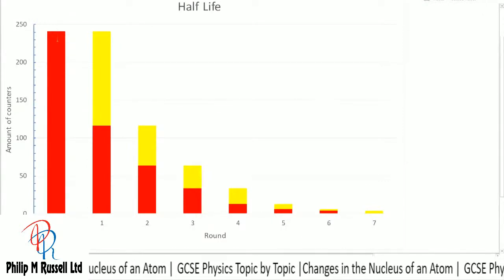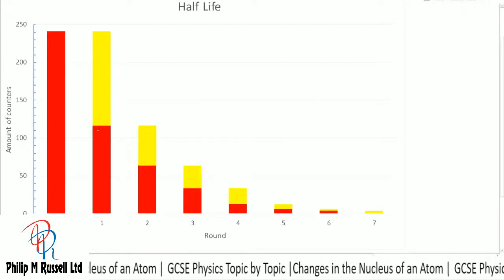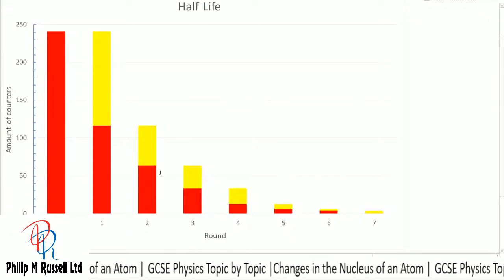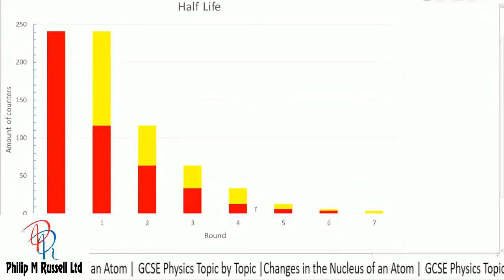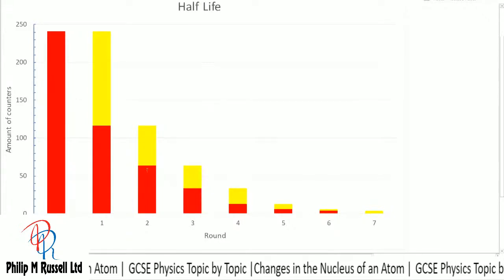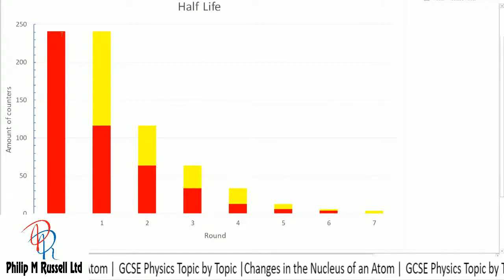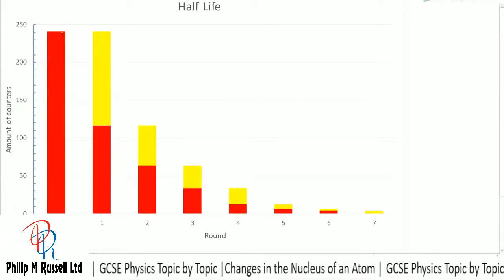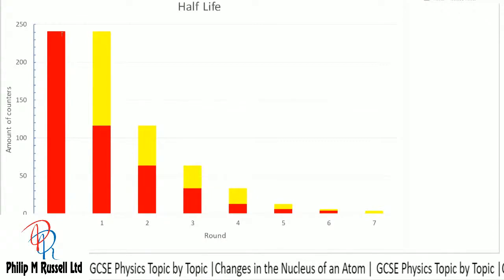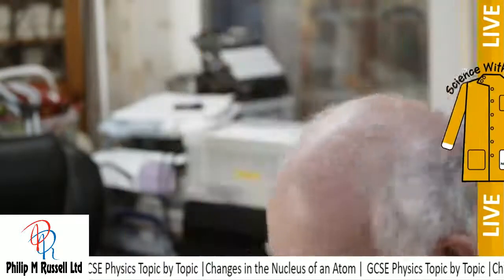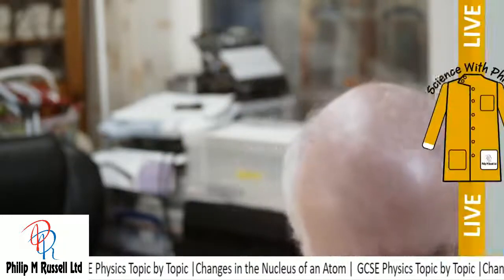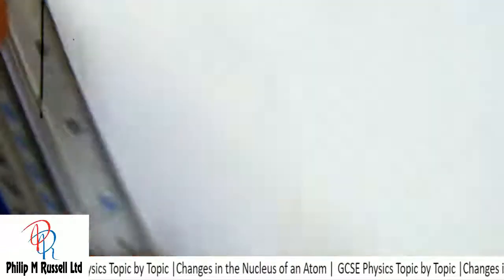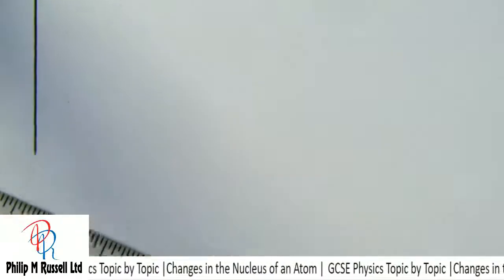Now, every time I do this I get different results. Every time I do this it's the same shape. It doesn't matter if the lines go up or down a little bit. It always gives me this particular half-life curve. My half-life curve looks something like this one.